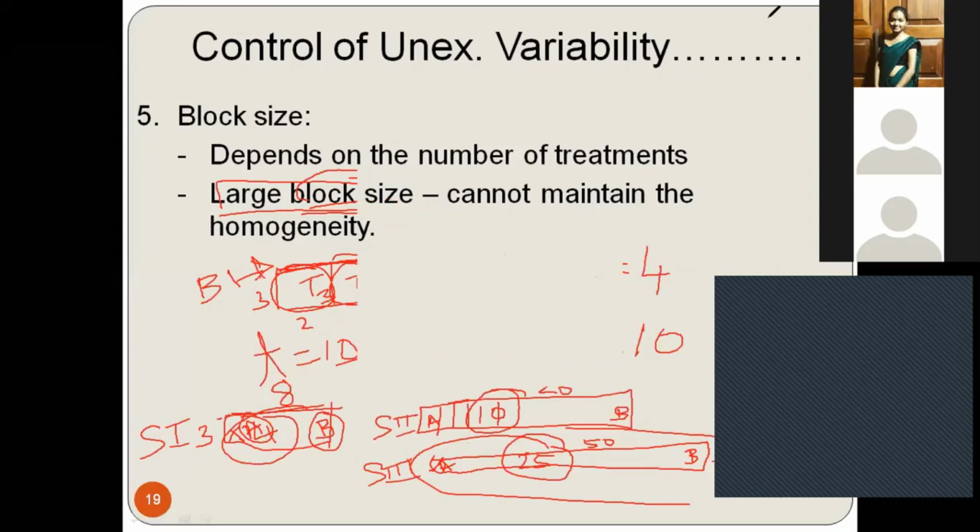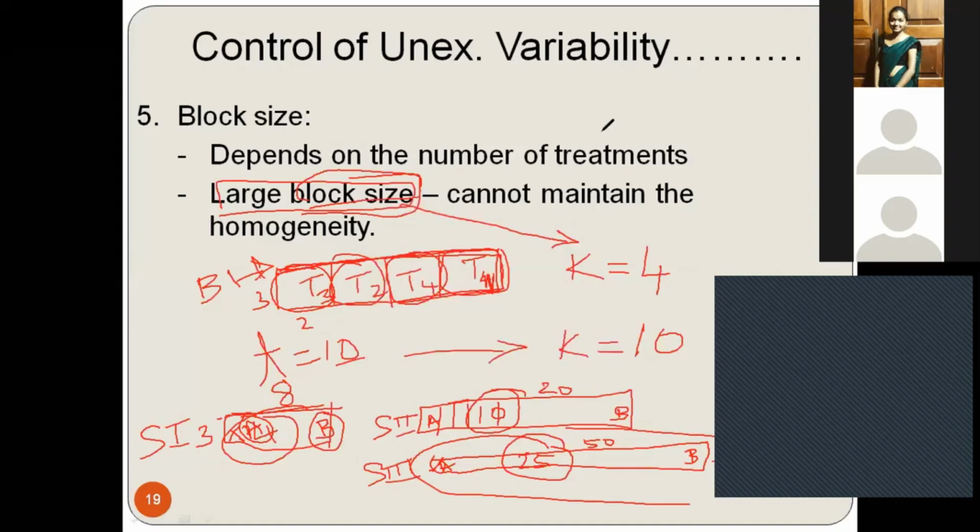Why? Because the block size is very large. If the block size is large, what is the problem? We cannot maintain the homogeneity, right? That is one of the problems. So we cannot maintain the homogeneity in large block size.